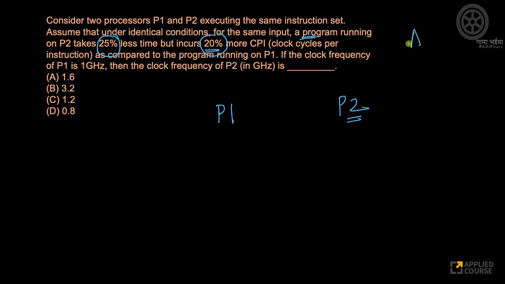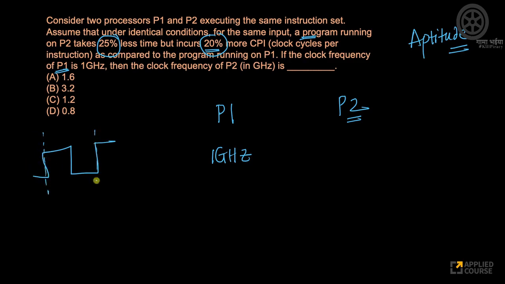Oh, this is a very aptitude-like question, even though it is based on computer organization. Let's talk about P1. P1 is a 1 gigahertz processor. Which means, what is the clock cycle period?